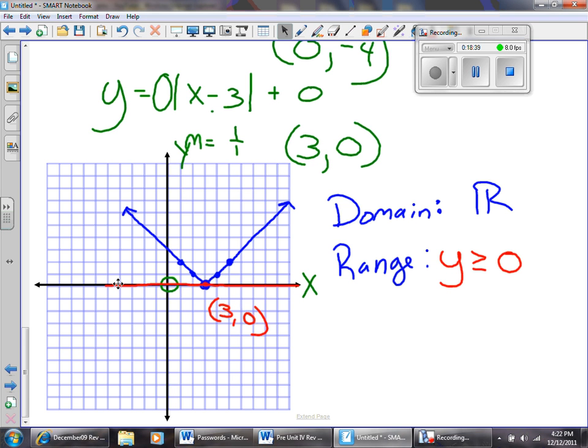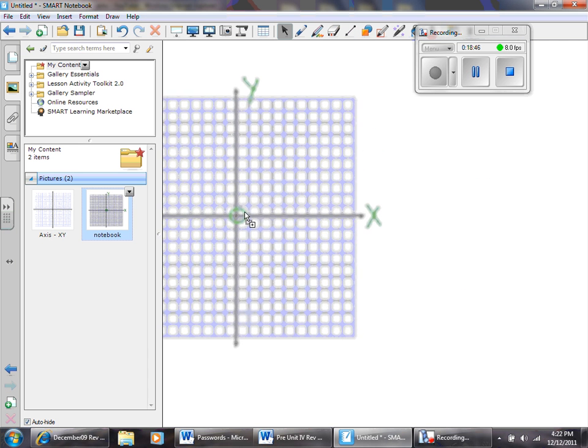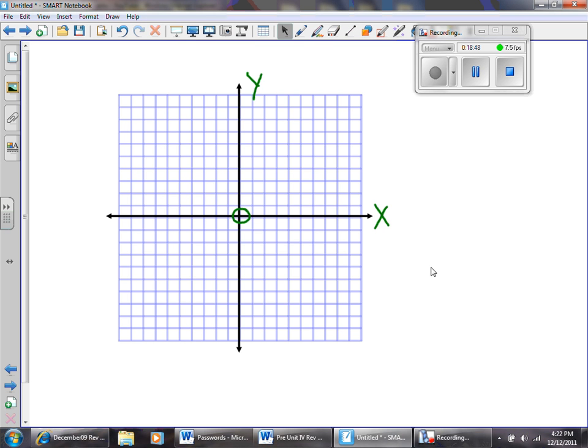Okay, one more domain range question. This is like one we did in class today. Let's see here. Let me get you a graph that looks like this.